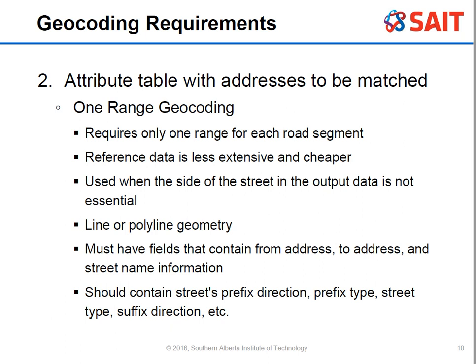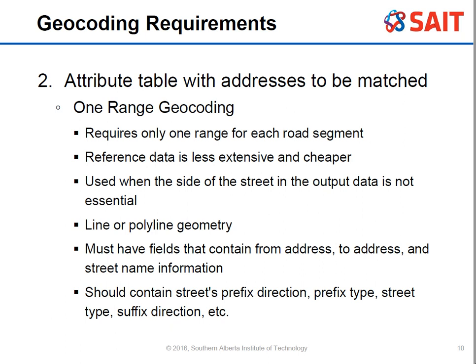To be able to do that is way less extensive and way cheaper than trying to figure out what side of the road it's on. When we don't need to know what side of the road it's on, it works really, really well. You need to have line or polyline geometry in order to run it, because you need it along that line.